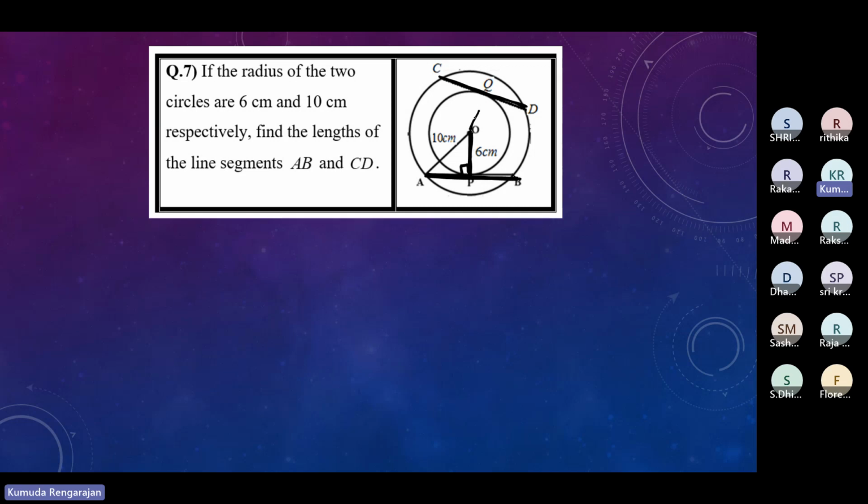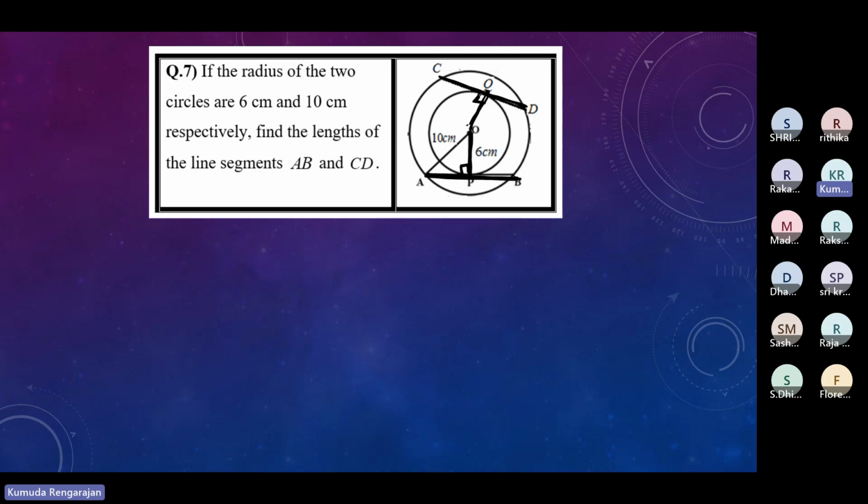So we'll connect OQ. We know Q is the point of contact. So through Q, we have the tangent, and OQ is the radius through the point of contact.